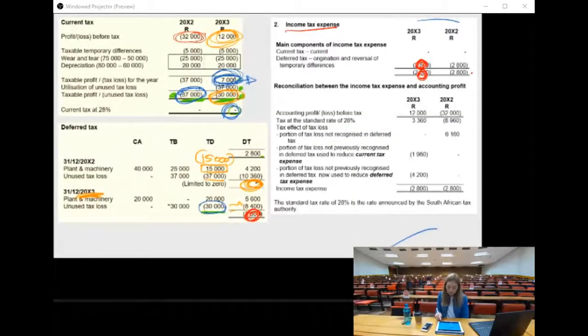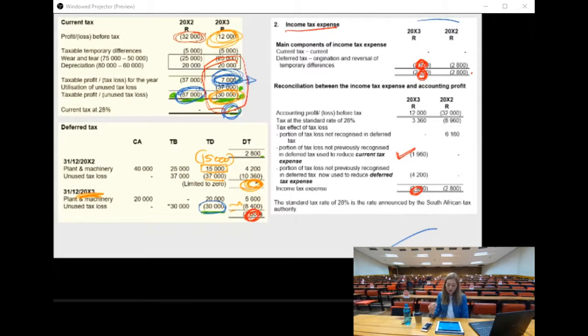This amount would have been 0, which means we would still have this balancing amount, the 7,000 that we now use to decrease our tax expense in X3.